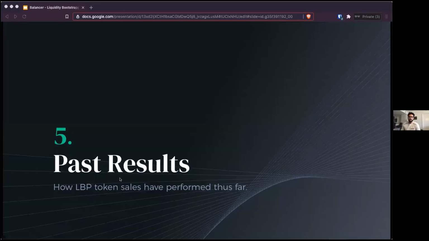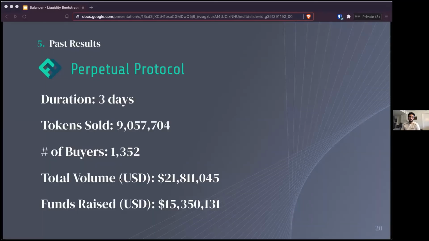So these are some past results. They're a little outdated. We have had a lot of new stuff happening with LBPs, but Perpetual Protocol did a 3-day sale. They sold over 9 million tokens to over 1,300 investors. The total volume was 21.8 million, and they raised over $15 million.